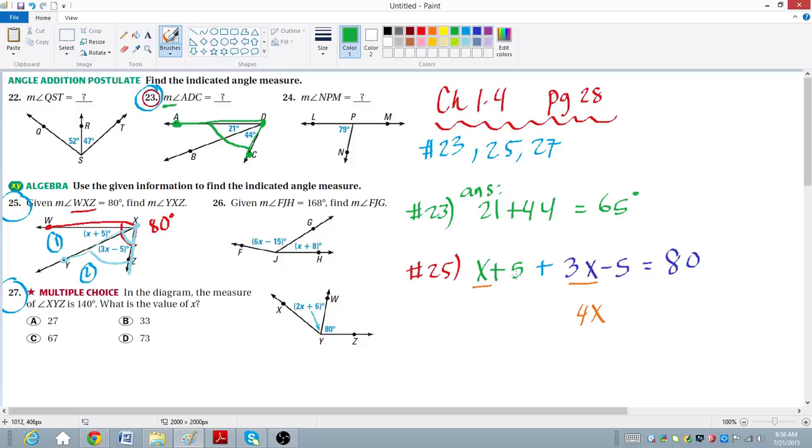Next I have a positive 5 and a negative 5, so that cancels out, so that'd be 0. And then equals 80 is left. Equals 80. Solve for x, divide by 4, divide by 4. So what you do is you just do 80 divided by 4, and you'll get 20.